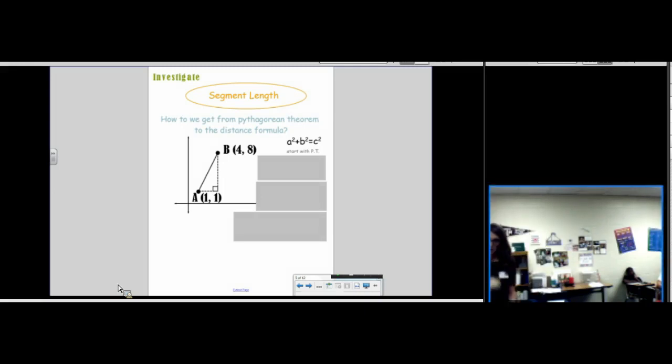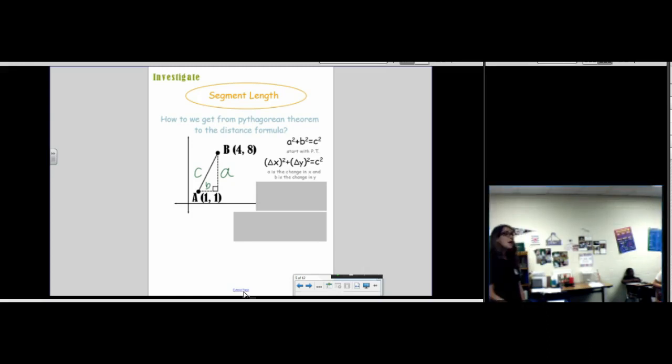You start with Pythagorean Theorem. This side I'll call A, this is B, and this is C. We already know A squared plus B squared equals C squared. A is the change in Y. You saw that in algebra.